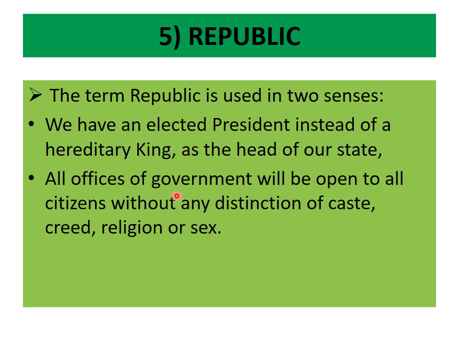So it means two things. Firstly, that we have an elected president, and secondly, all offices of the government are open to all the citizens. Unlike monarchy, where the power is passed on in a hereditary manner, in the case of a republic, the office of the government is open for all without any discrimination.